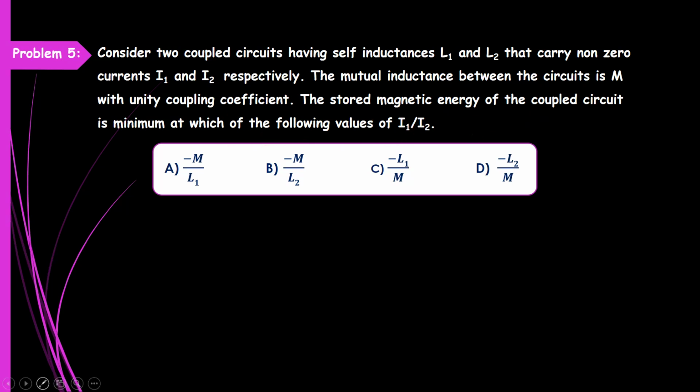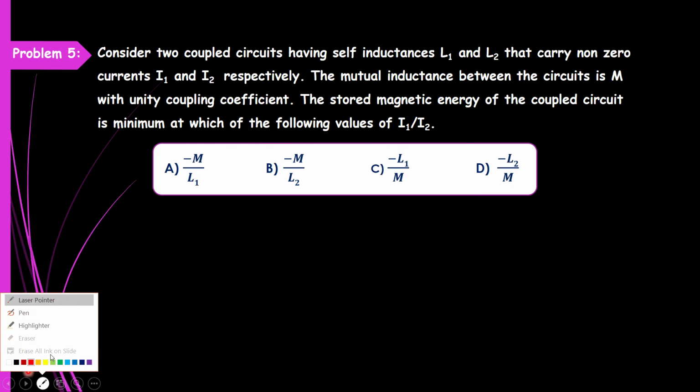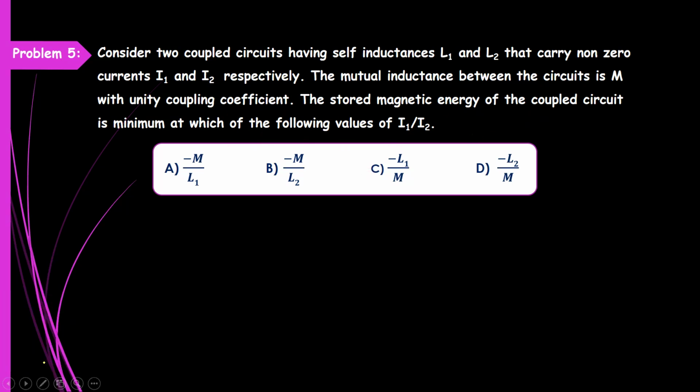So for the magnetic coupled circuit, we need to find the stored magnetic energy. We need to find the equation for stored magnetic energy, and then at which values of I1 by I2 the energy is minimum. That also we have to find out. Okay. So let me write the energy equation for that.